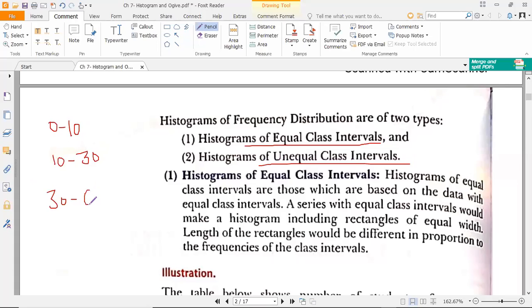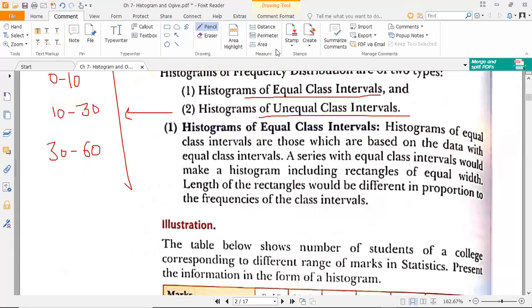These are class intervals, but the class intervals are not equal, they are unequal. Like in the first class interval, we have a difference of 10, then 20, then 30. So these are unequal class intervals. So we make histograms in two different categories. This is the example of unequal class intervals.